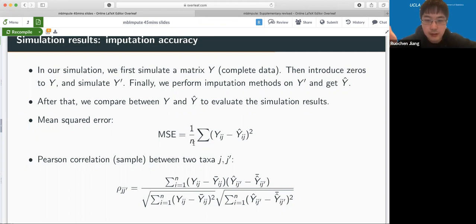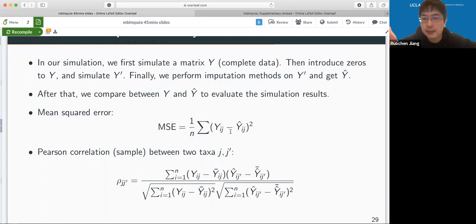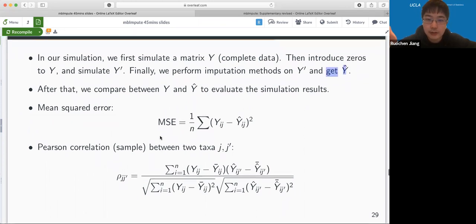I shouldn't write N here, but that's the definition for MSE. In our case, it's actually M times N. So it's the average of the squared distance between every entry in the complete matrix and our imputed matrix. And the sample Pearson correlation between two taxa is defined in this way.